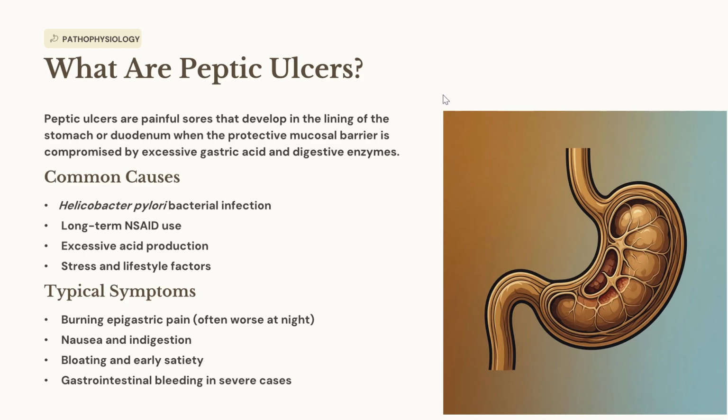What are peptic ulcers? Peptic ulcers are painful sores that develop in the lining of the stomach or duodenum when the protective mucosal barrier is compromised by excessive gastric acid and digestive enzymes. The common causes of peptic ulcers include Helicobacter pylori bacterial infection, which is the main cause of peptic ulcer.